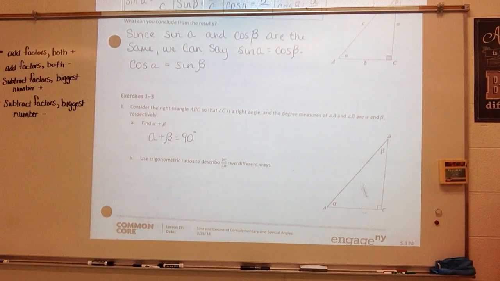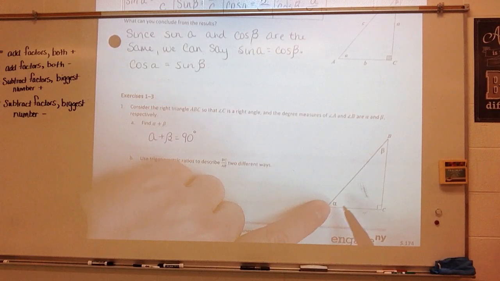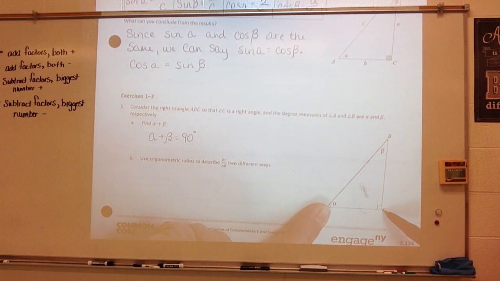Use trigonometric ratios to describe BC over AB two different ways. Well, let's look in reference to angle A. BC is my opposite, and AB is my hypotenuse.